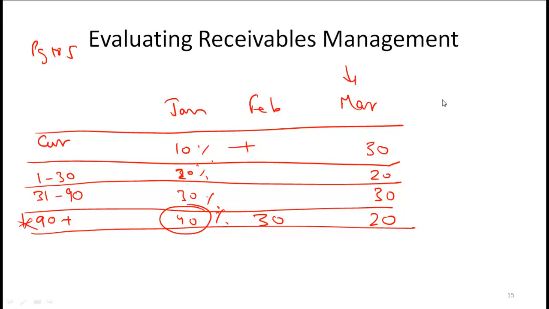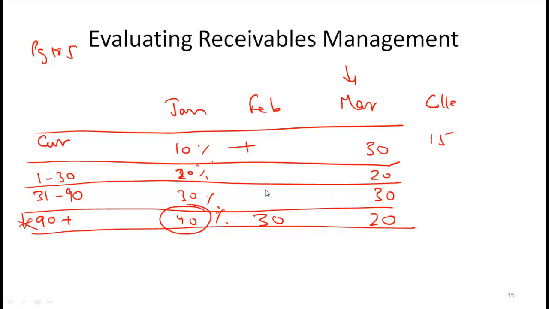So what we do for March then is say, on average, how many days outstanding do we have? So for each one of these numbers, we come up with the number of collection days. So how long does it take to collect? So let's say that the collection days here is 15.